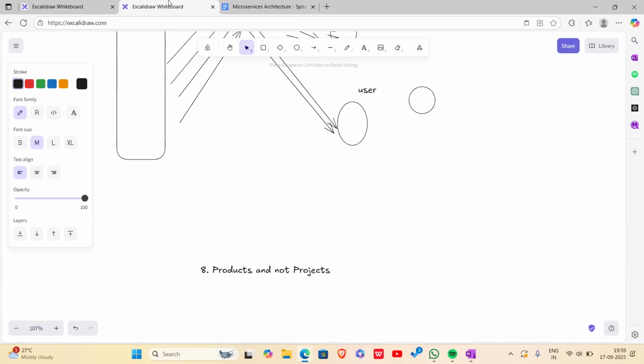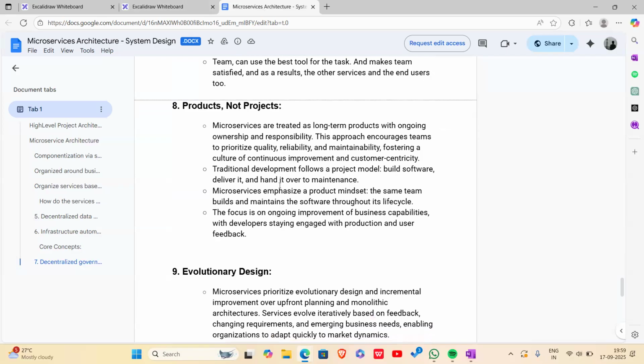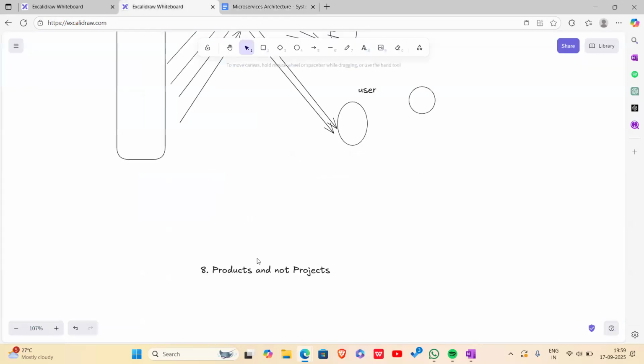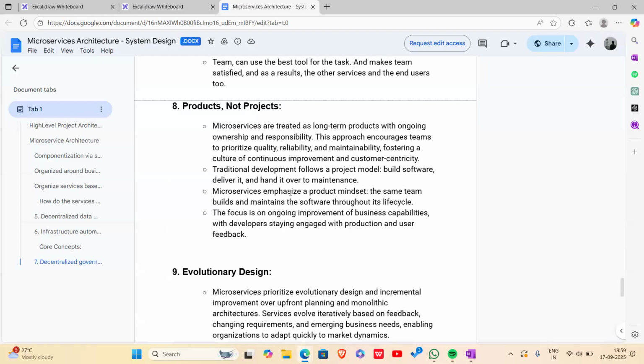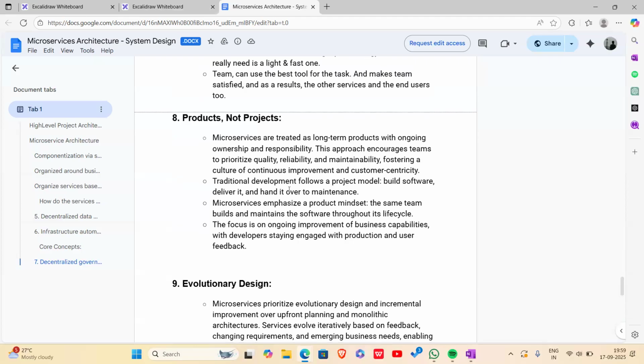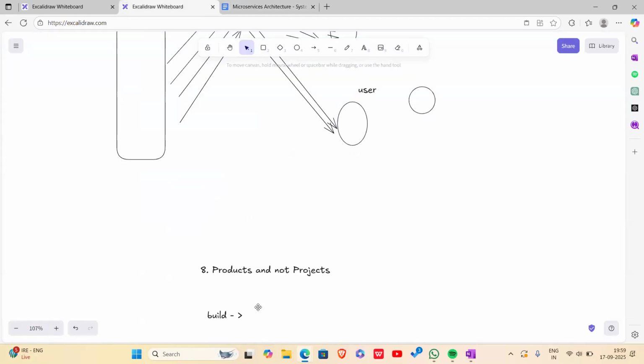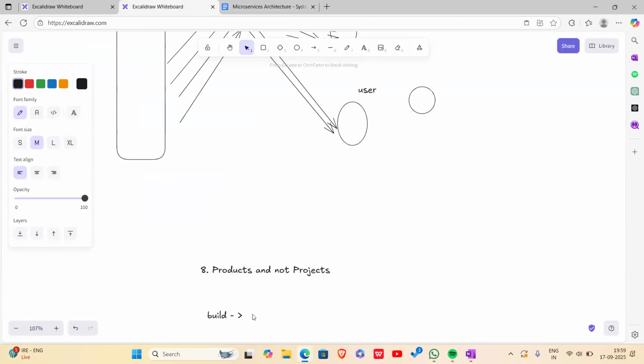Before, developers would just build the function, build the application, build the project and hand it over to the client.